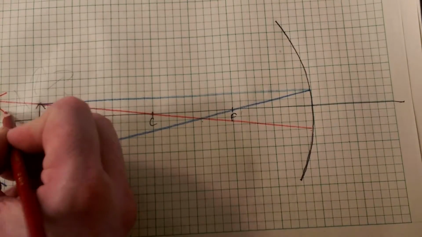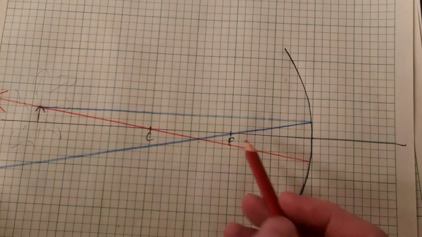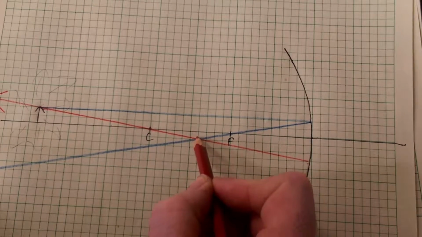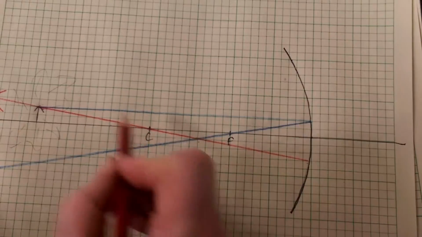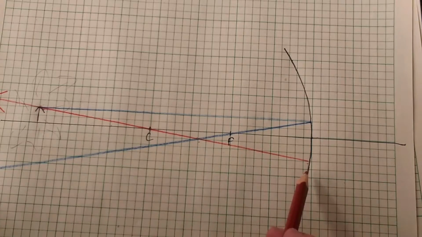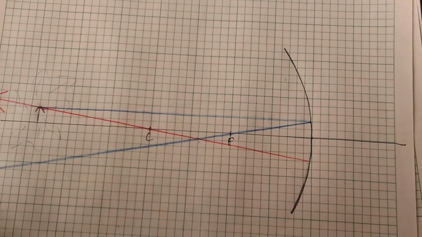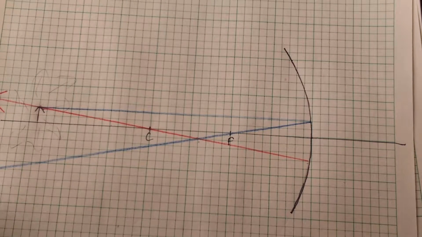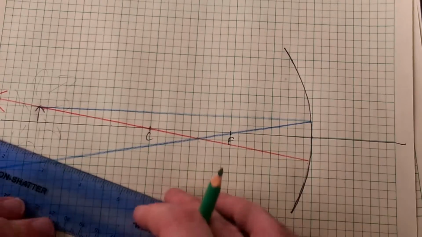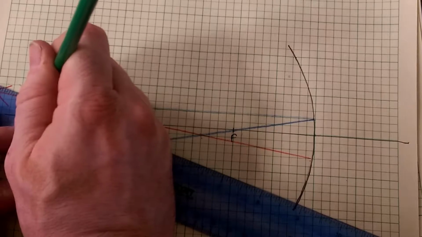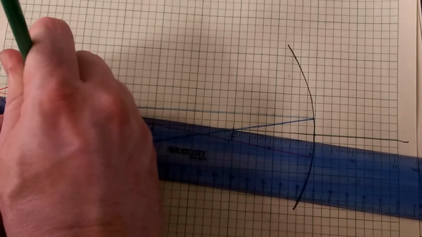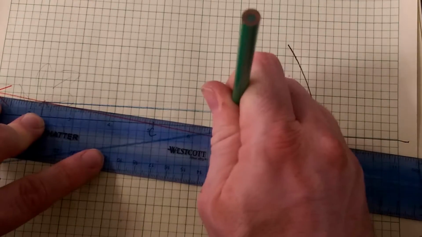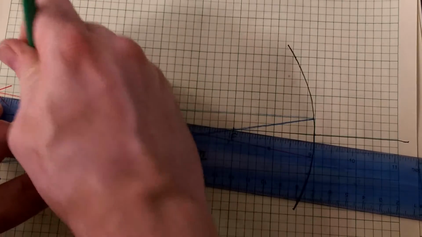Now you can see we've got 2 reflected rays here, and they cross at this point. Again, with the one through the center of curvature, the reflected angle is the same as the incident angle. That's fine. We would also have a third line. The third reference ray would be from the tip of the arrow through the focal point to the mirror.